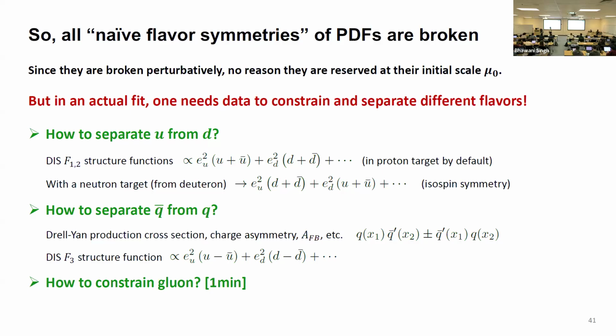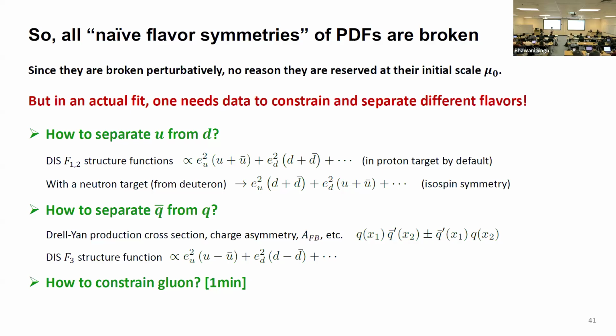They are not carried by the quarks, not by the antiquarks, but by the gluons. So gluons constitute a major portion of the proton, but how do we constrain them, with fairly good precision?